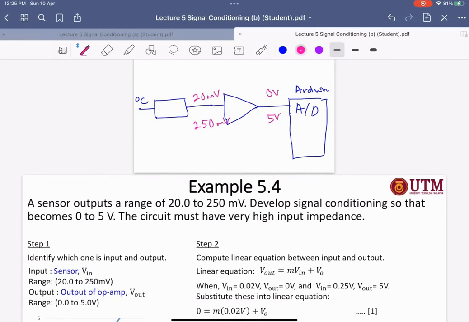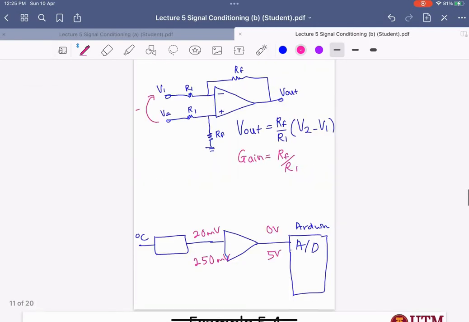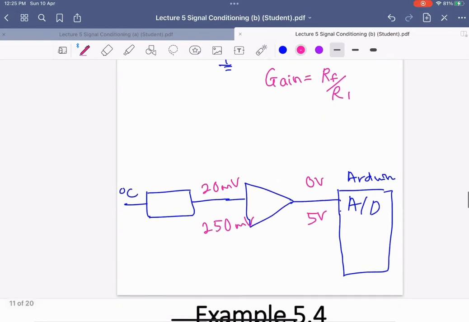So what you will do is plot the graph. This is my graph, this is V in, this is V out. Here is 20, so the point is 20 and 0, and this one is 250, then you have 5 volt here.